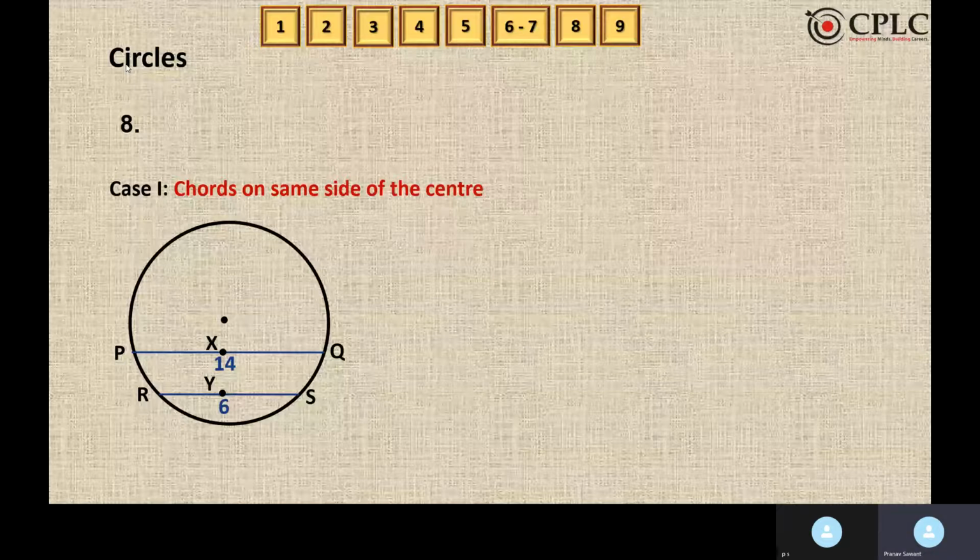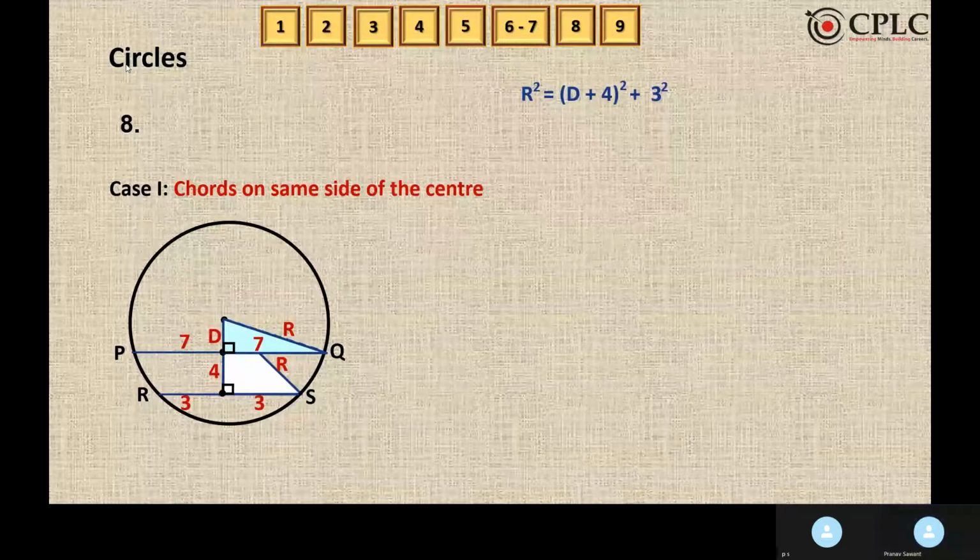Similarly, we'll assume that the smaller triangle has the height d. By applying Pythagoras theorem to both the triangles, the first is r square is equal to d plus 4 whole square plus 3 square, and the second one is r square is equal to d square plus 7 square. Actually, the second is the smaller one, the first is the bigger one.